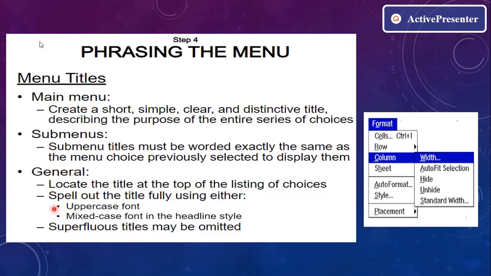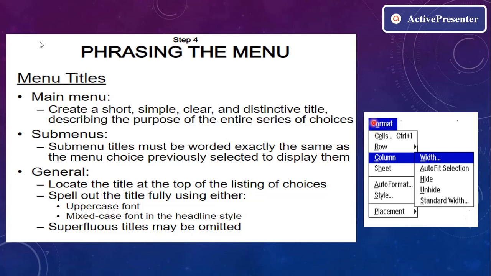Next, spell out the title fully using either uppercase font or mixed case font in the heading style. So you have to have a title above the listing of choices, and it should start with an uppercase font.